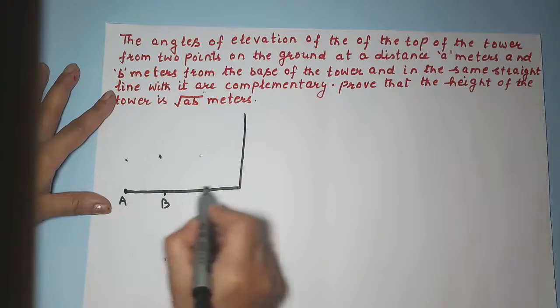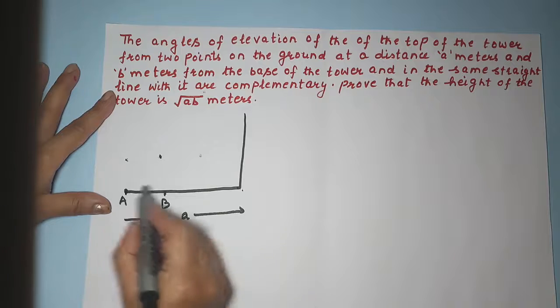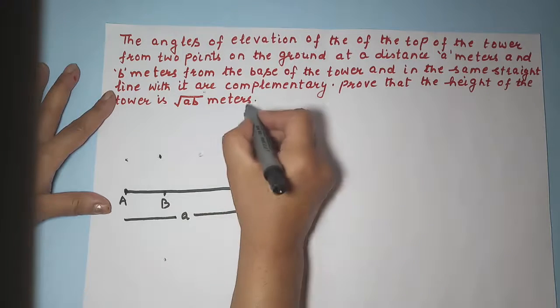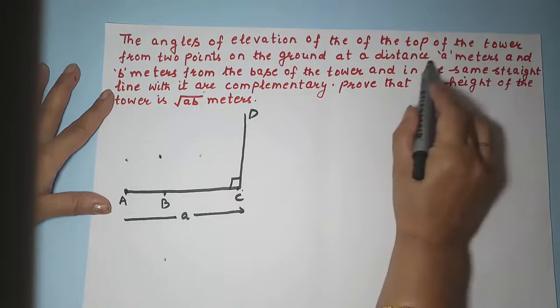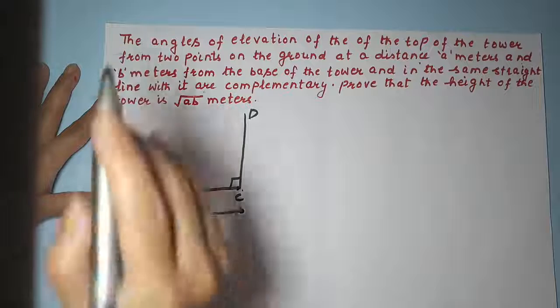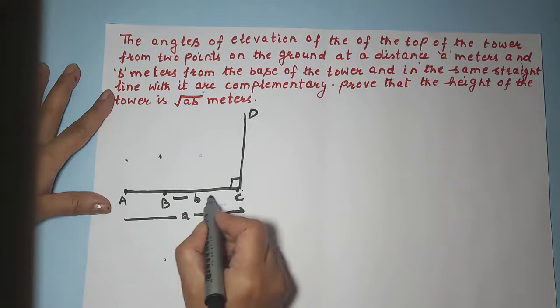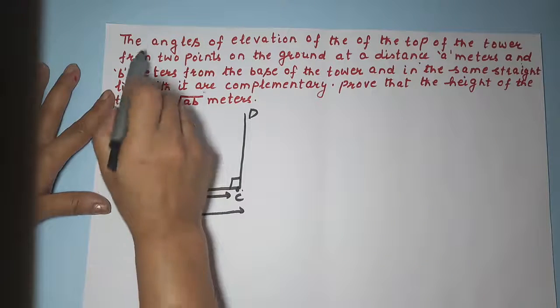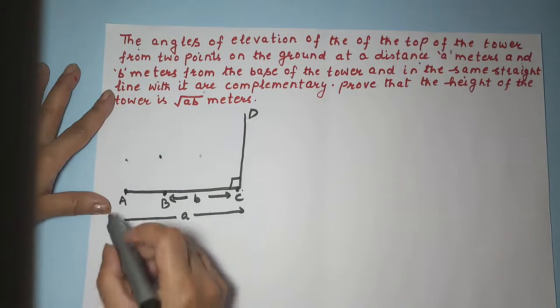So this point A is a meters away from the base of the tower. Let this be C and let this be D. In the a distance, a meters and b meters, and this distance from B to C, it is b meters, right? Is it clear? I read the question again. The angles of elevation of the top of the tower from 2 points.